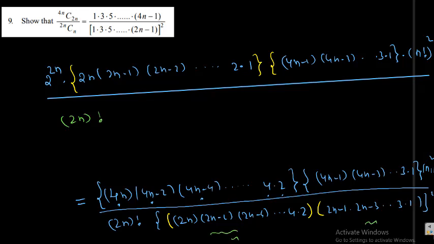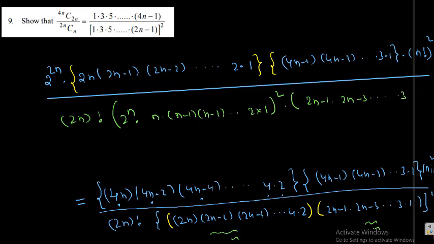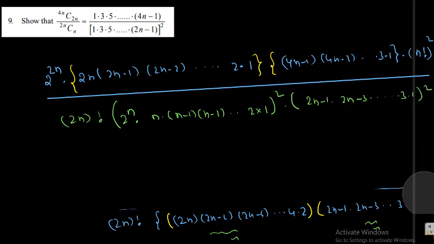Taking 2 common means 2 power n into n into (n minus 1) into (n minus 2) and so on, 2 into 1, square, into, you write as it is, this one: (2n minus 1) into (2n minus 3) and so on, 3 into 1, square. Okay students, now the problem is completing.